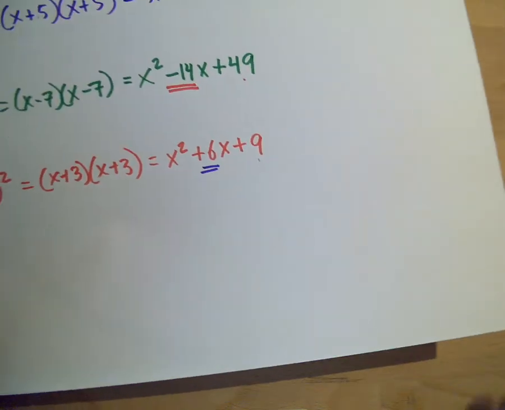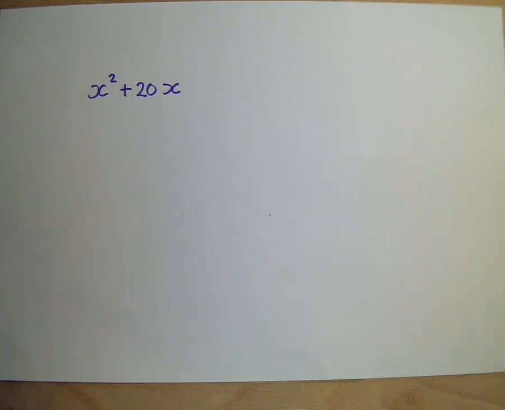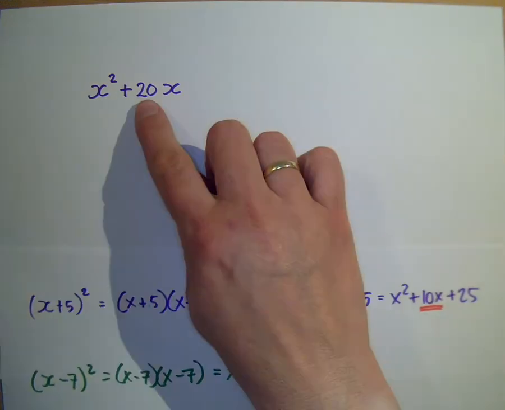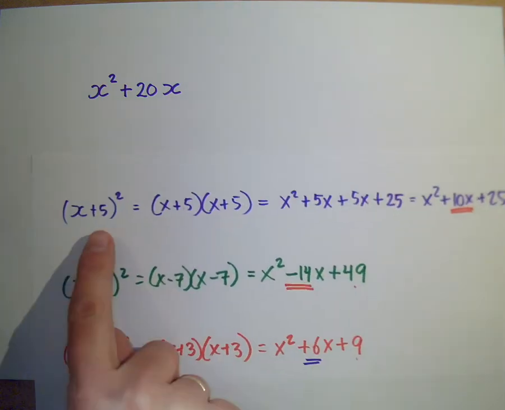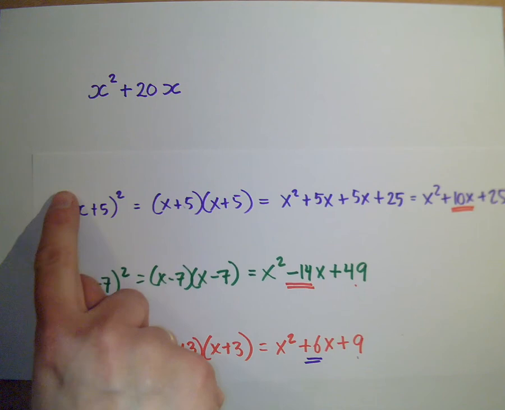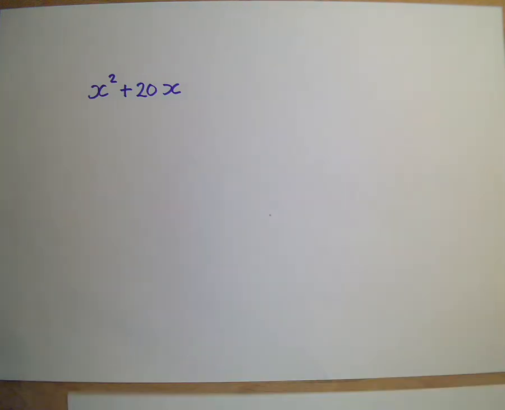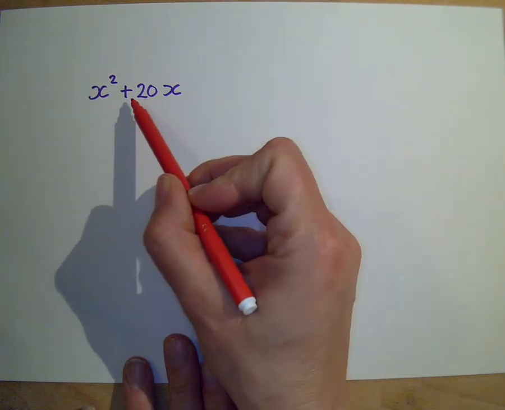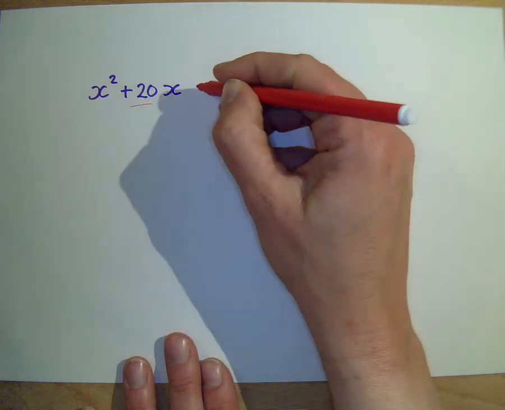So what we did in the last class is we went backwards. We asked ourselves, where did this 20x come from? If it was a term that was squared, right? And what we did was we said, well, we will half this, and that's where it must have come from.